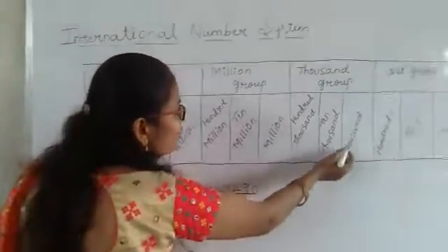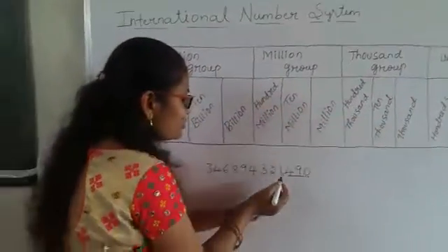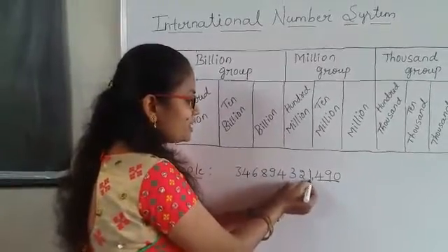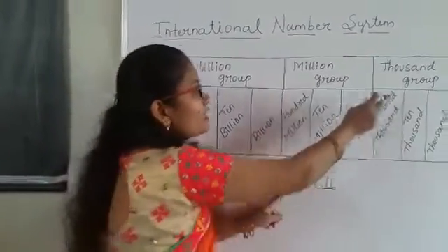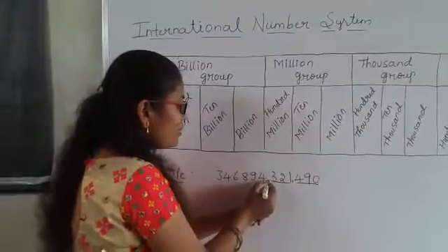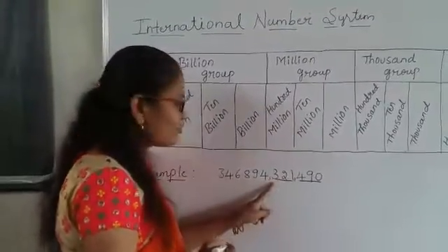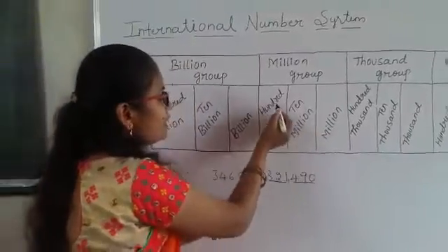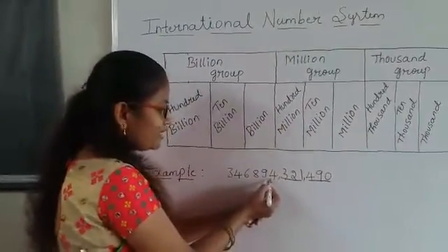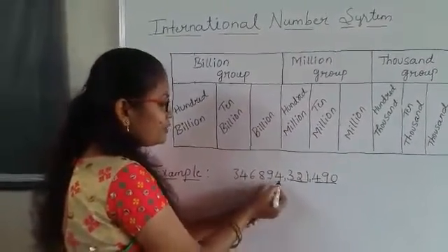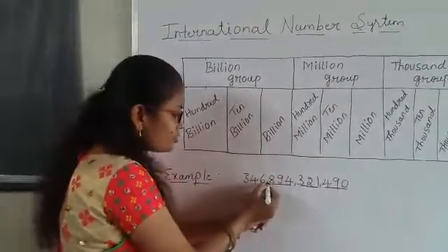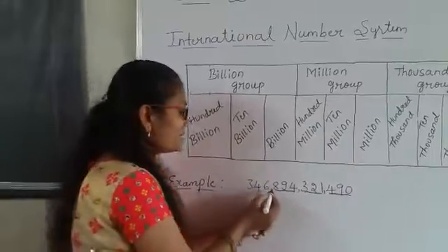After that, 1000, 10,000, 100,000 come under the 1000 group, so we make these three another group. Next, million, 10 million, 100 million come under the million group, so we separate these three numbers.